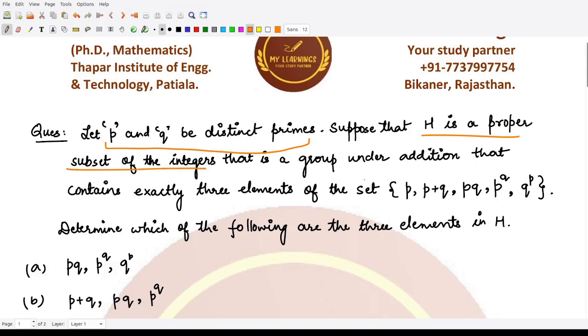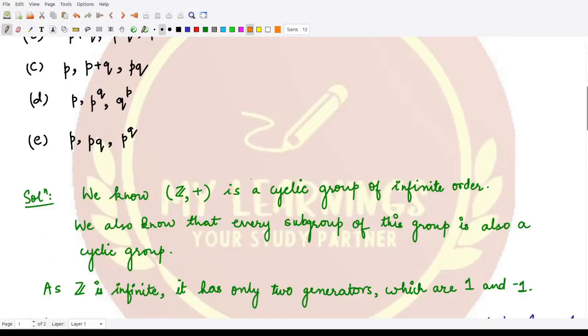We know a group of integers is a group under addition. It is a cyclic group, and moreover we are given this set, correct? So we know that the set of integers under addition is a cyclic group having infinite order. And we know that every subgroup of a cyclic group is also cyclic, hence H would also be cyclic.